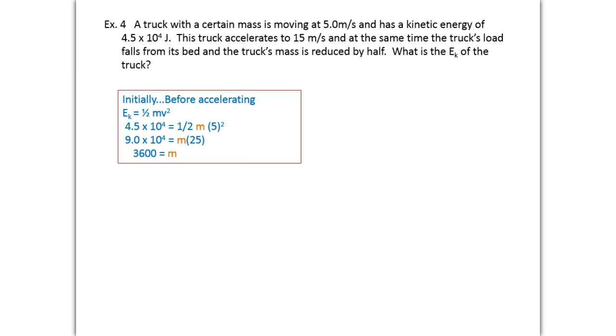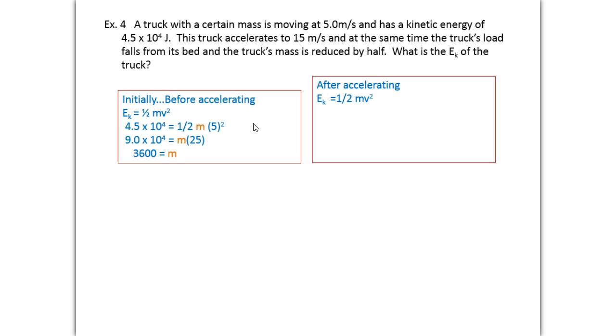Now, someone steps on the gas, the truck accelerates up to 15 meters per second. How much kinetic energy does it have then? So after it accelerates, how much kinetic energy? Well, it's half times mass times velocity. We know the velocity becomes 15 meters per second. The mass of the truck, this is where you need to read your question carefully.